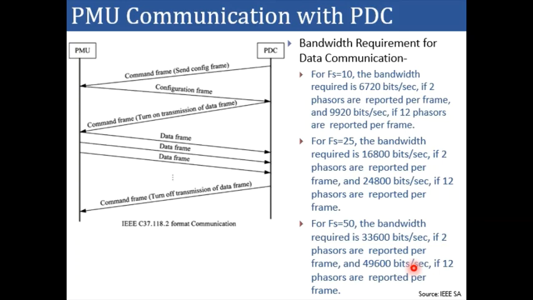That means 85 Mbps speed is required for getting the data at the control center, which is monitoring all the PMUs.